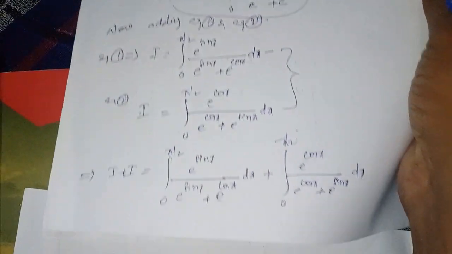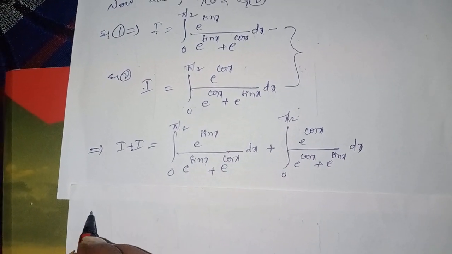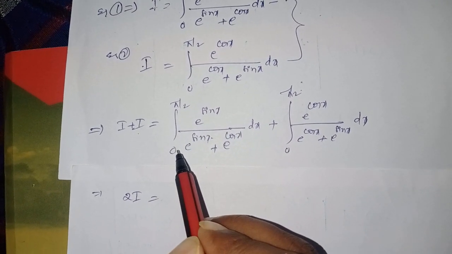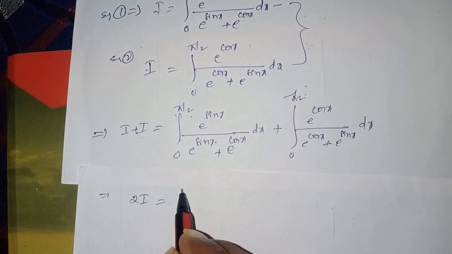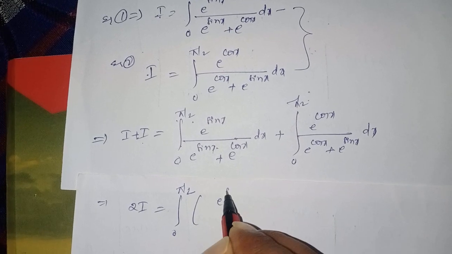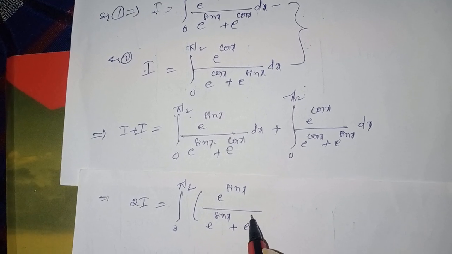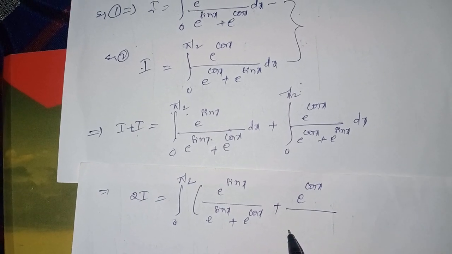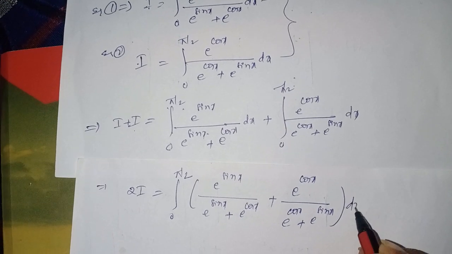Now observe, I plus I is 2I. On the RHS, taking 0 to pi by 2 common, the remaining is e power sin x upon e power sin x plus e power cos x plus e power cos x upon e power cos x plus e power sin x, into dx.